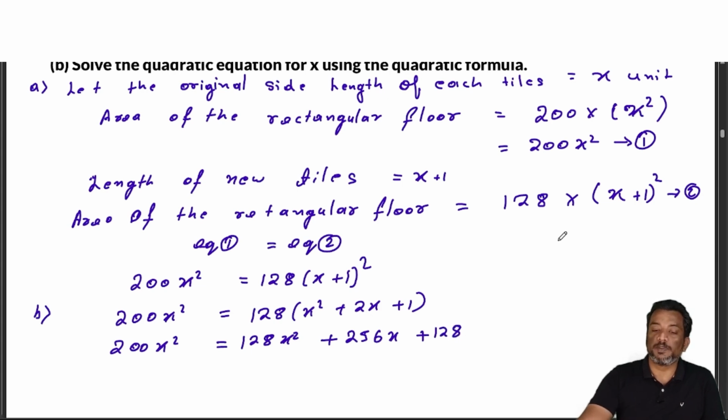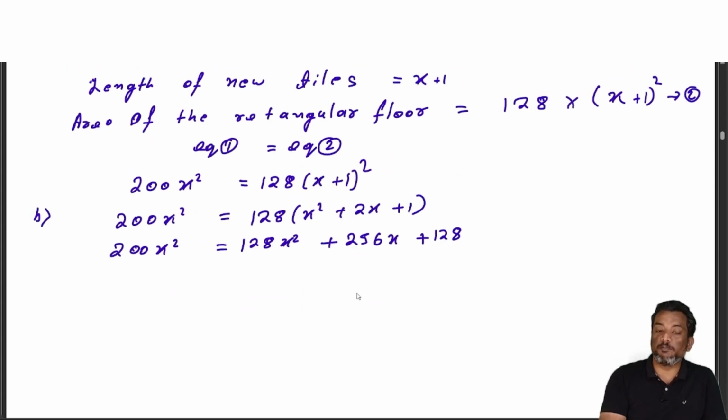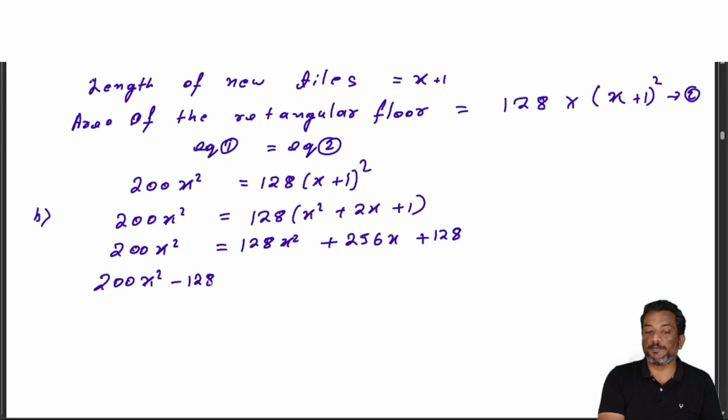What are we getting now? After that, you can bring all the terms to one side. So we can say 200x² minus 128x² minus 256x minus 128 is equal to 0.